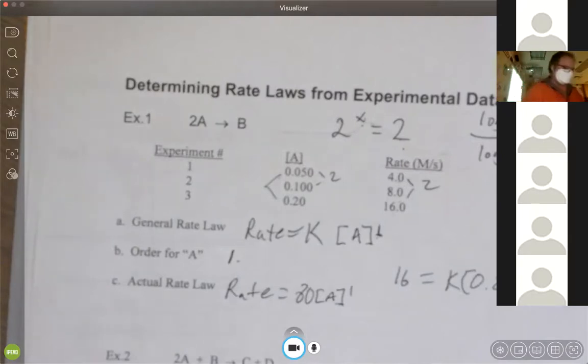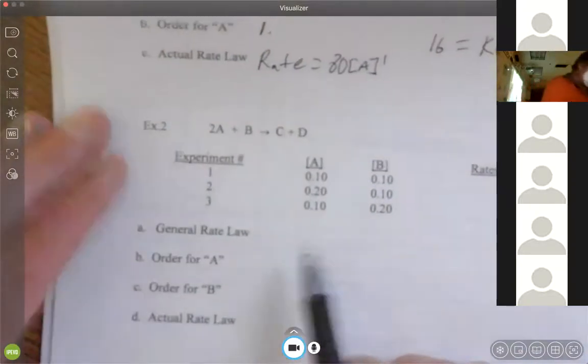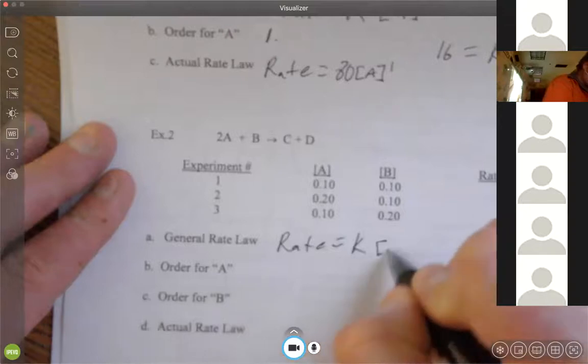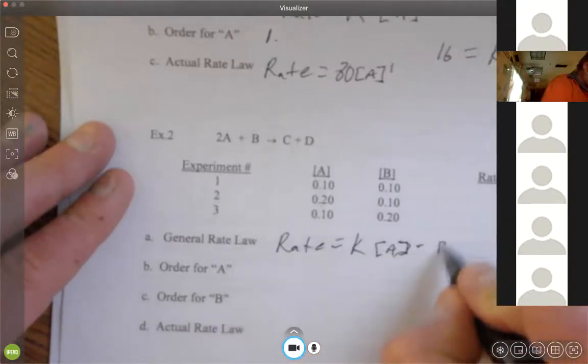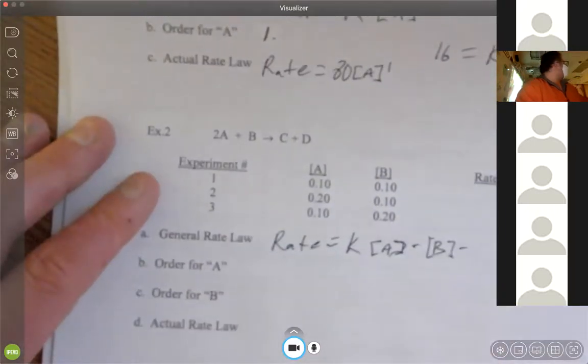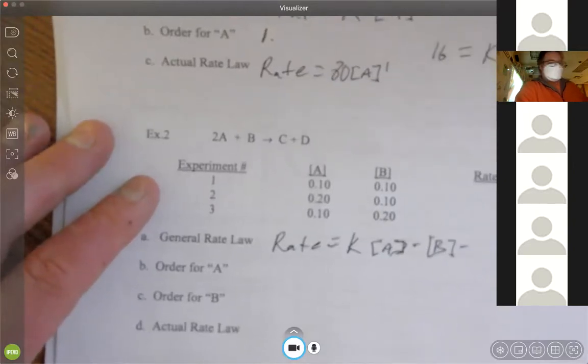Okay. So if we take a look here, general rate law again: rate equals K, concentration of A to a certain power times concentration of B to a certain power. So here's the key.